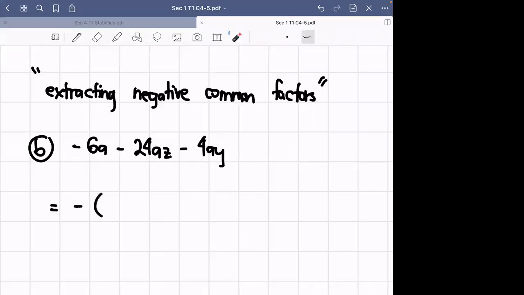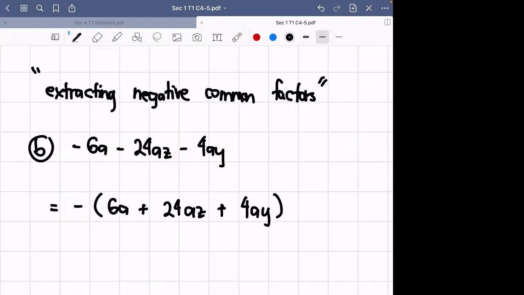Negative 6a divided by negative becomes 6a. Negative 24az divided by negative becomes plus 24az. And negative 4ay divided by negative is plus 4ay, right? So that's how you extract the negative sign.